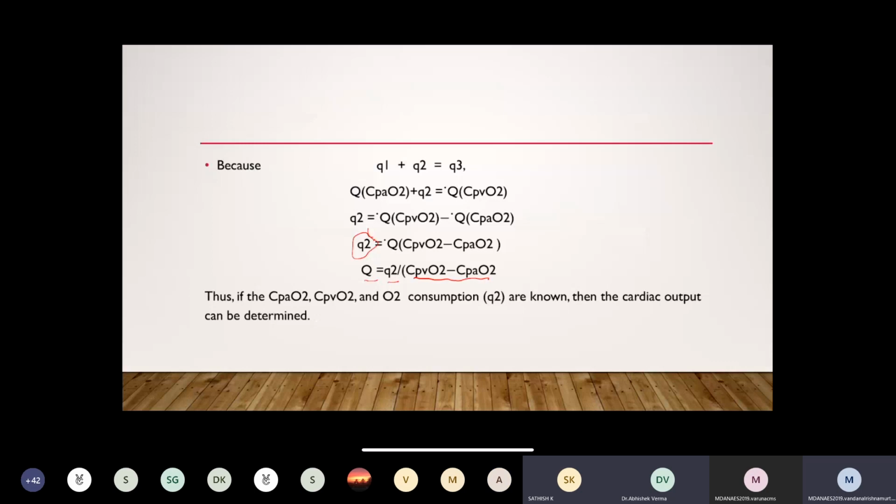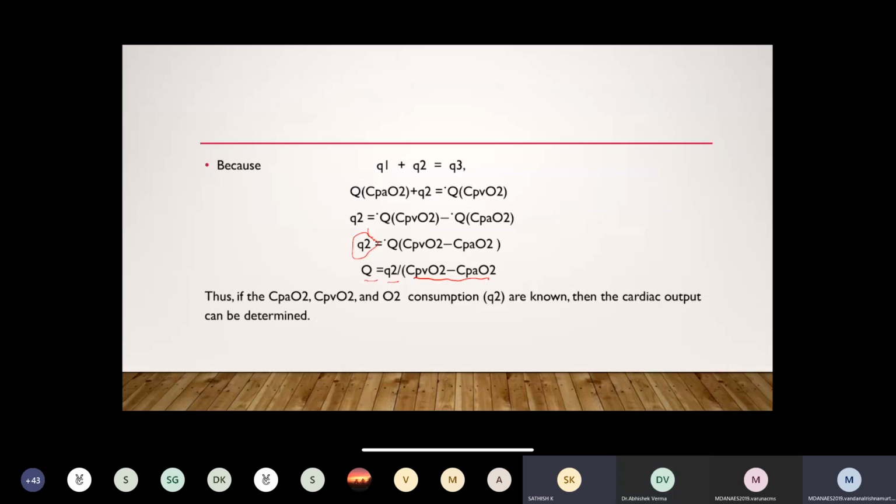So Q1 plus Q2 is equal to Q3, according to the law of conservation of mass. Q2, oxygen consumption, we calculate by the oxygen difference between inspired and expired air. So the oxygen difference between these two will give the oxygen in the alveoli, sir. So that is Q2.